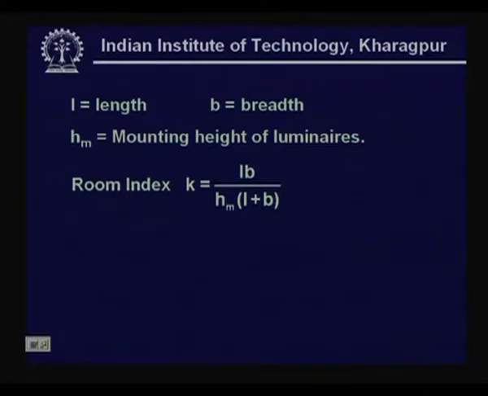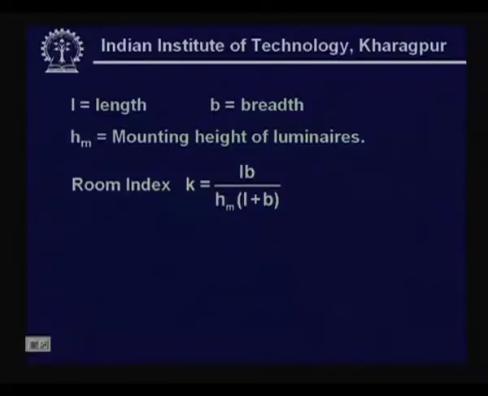Now, how does one choose the mounting height? Recall that the average illuminance right below a point source of lamp is proportional to 1 over the height square. Keep that in mind. That tells us the suggested or possible mounting height.